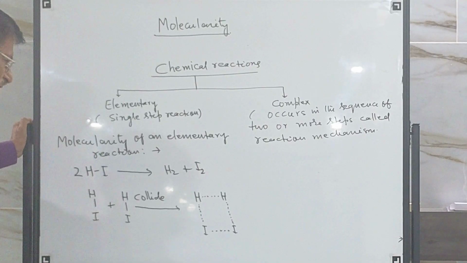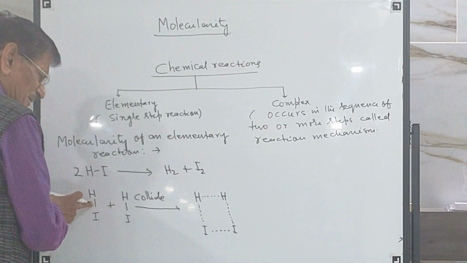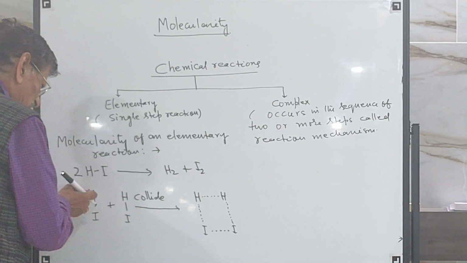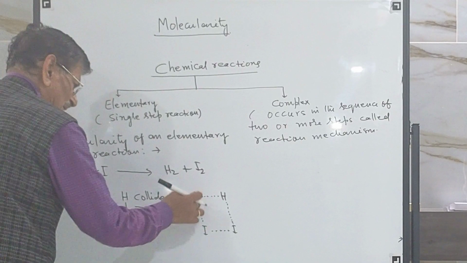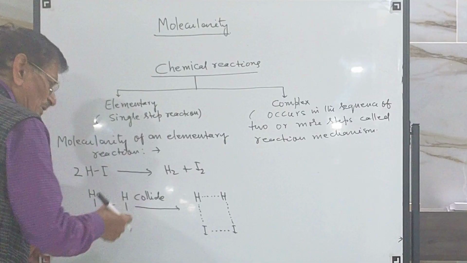This shows that the bond is undergoing breaking. This full line means the bond is strong. H and I are strongly bonded. But here H and I atoms are loosely bonded. The bond has become weak due to collision.